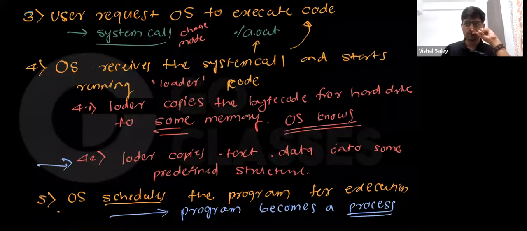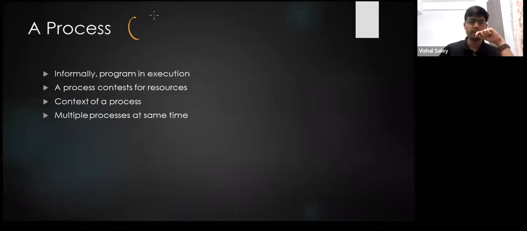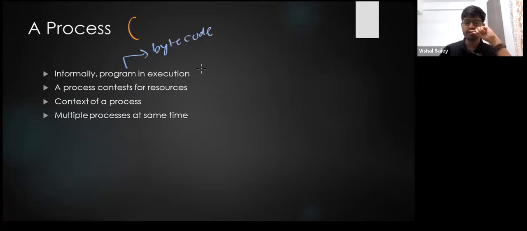Okay. So now let's understand what exactly we mean by a process. If you see most of the books, they say informally a process is a program in execution. Again, when you say program, it's basically byte code. Whenever your byte code is in execution, it means it's running, then we call it a process. That's a very informal discussion. It is a very broad way of explaining what a process is, but there are many different cases where we have to disagree with this, right?